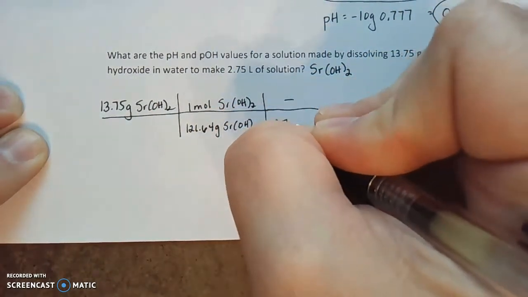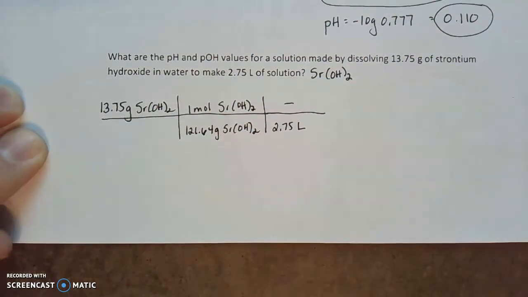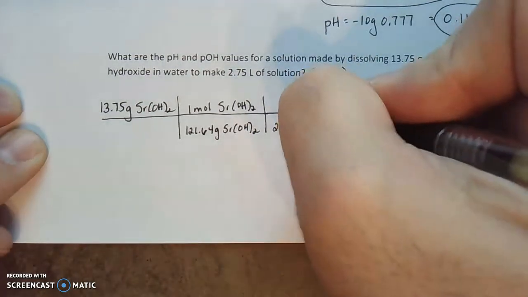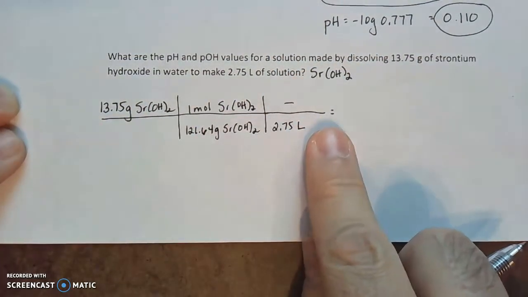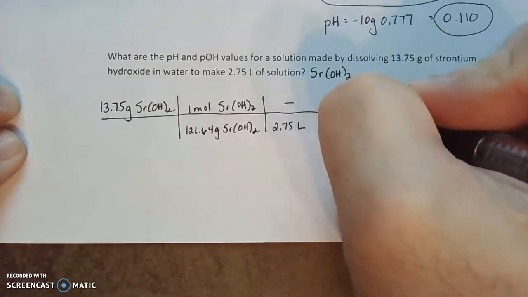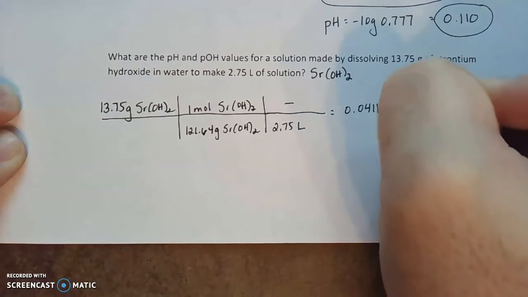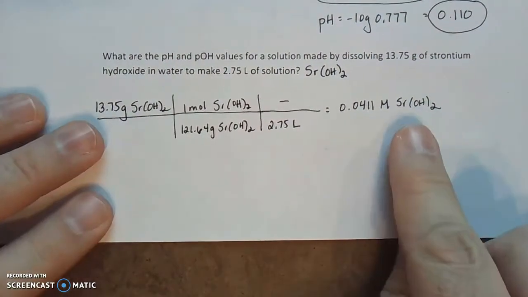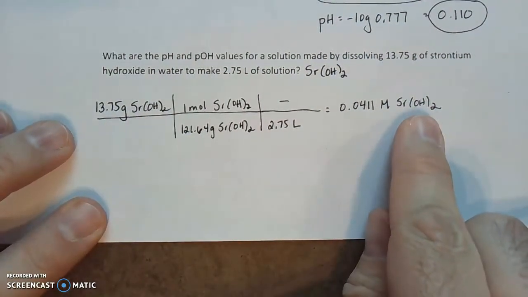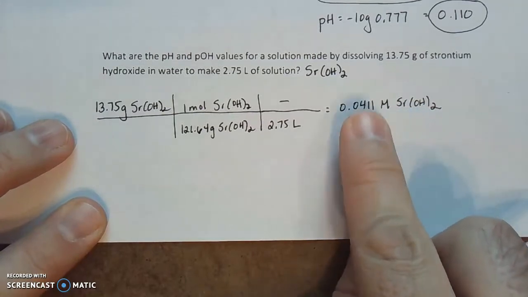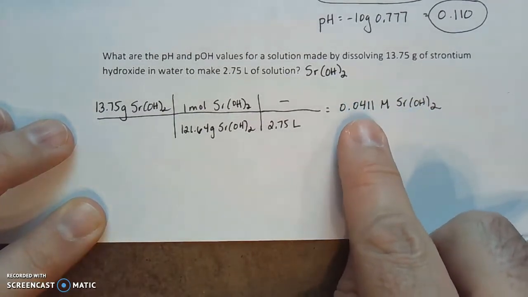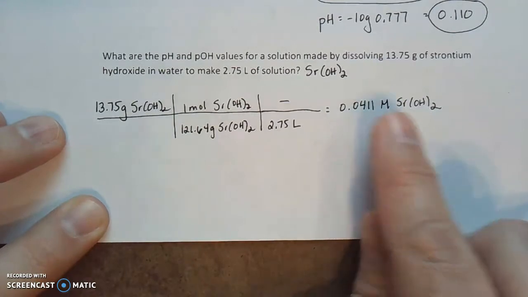Then we're making 2.75 liters of solution, so that has to go in the bottom. When we do our calculation, we end up with 0.0411 molar Sr(OH)2.